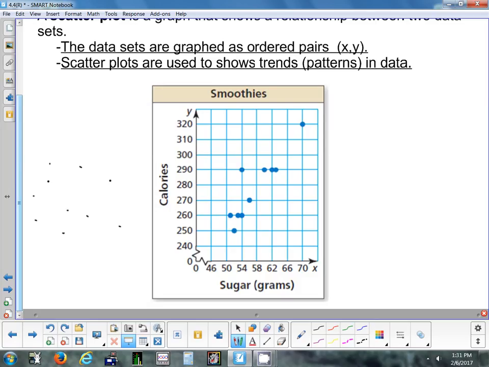What else do you notice about this scatter plot, and maybe how it's set up? Because there's a couple things you always want to do whenever you make a scatter plot, and this scatter plot does it. What do you think you have to do? You have to what? Okay, you have to put in some numbers.